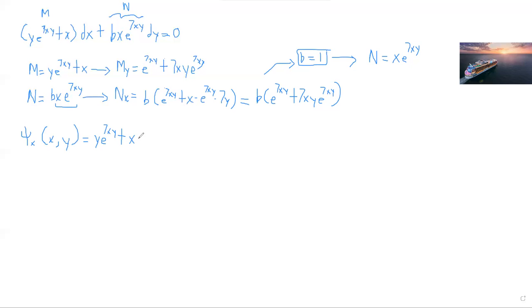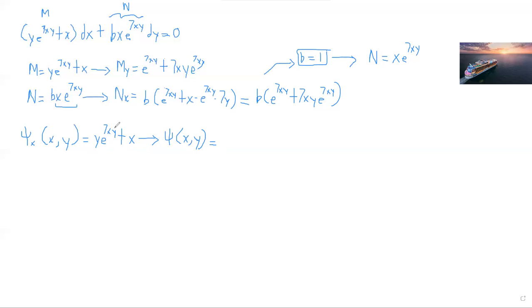Okay, that means that when you anti-differentiate it, psi of x, y is equal to, let's see here, I get 1 over 7, now let me make sure.